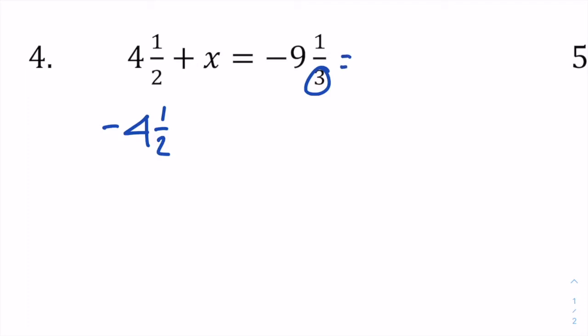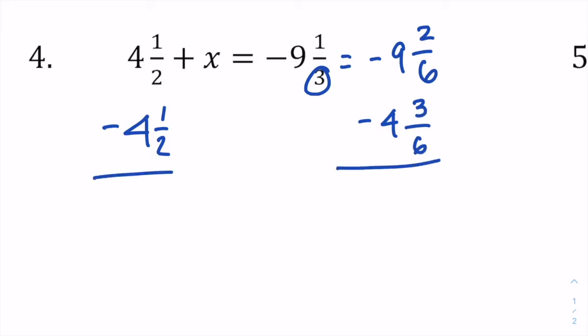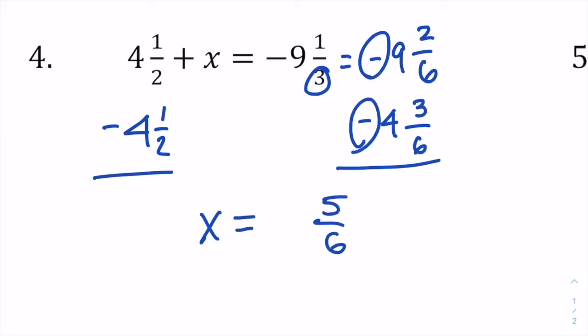I'm going to change this negative 9 1/3 into negative 9 2/6, and I'm going to subtract from it 4 3/6, because 4 3/6 is the same as 4.5. Okay, so we have x here equals, so we can combine our sixths, and we have 5/6. They're both negative, so it's important to note that they were both negative here, so that's why we're combining them. And then 9 and 4 is negative 13 here. So that would be our final answer.